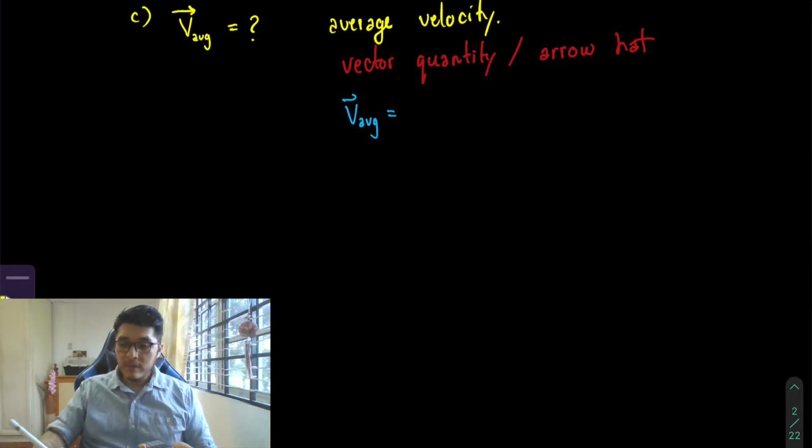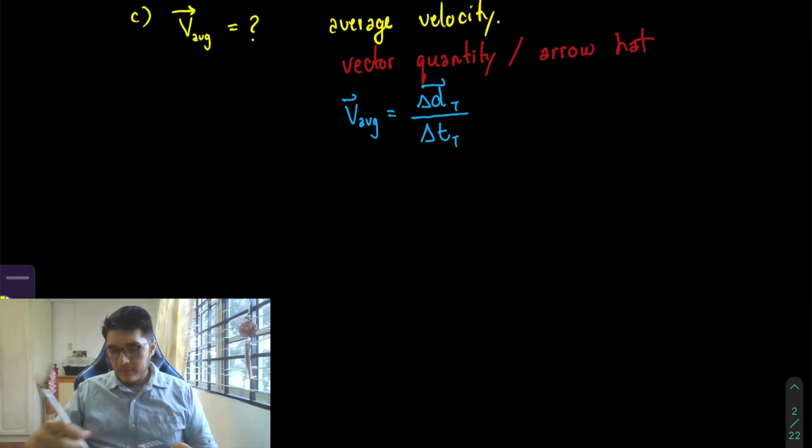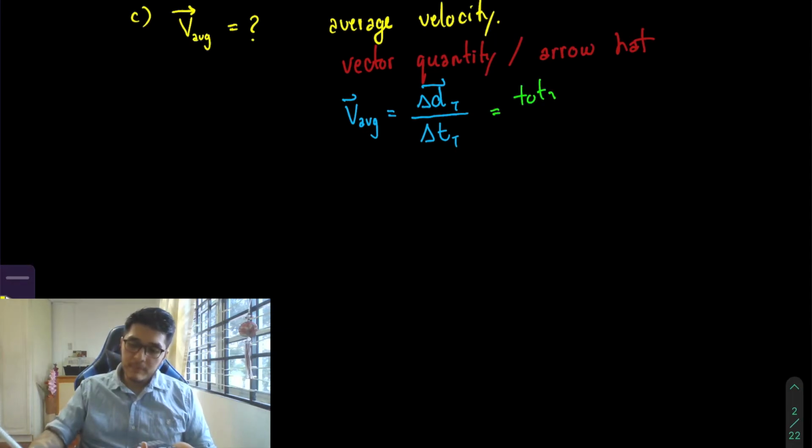It's just going to be the total displacement divided by the total time. So in this case, we have total displacement over the total time.